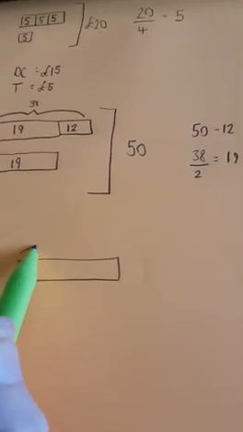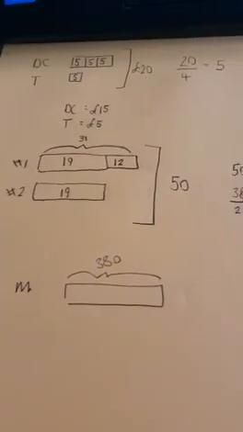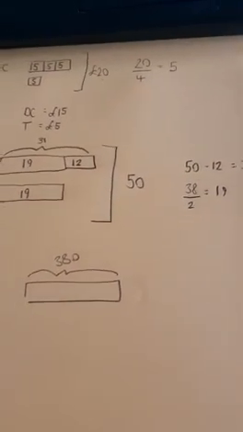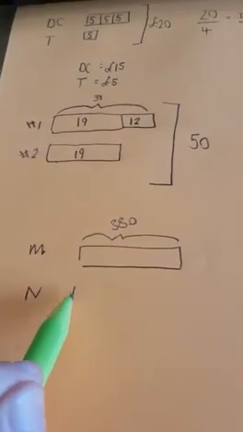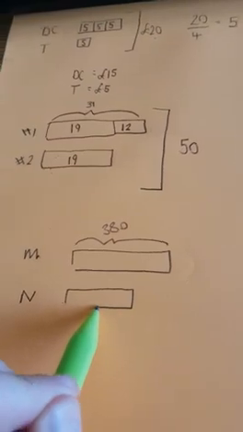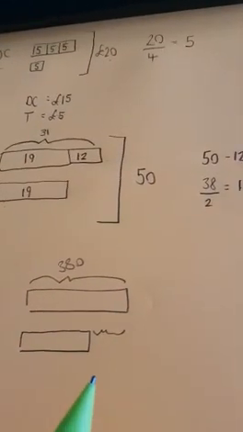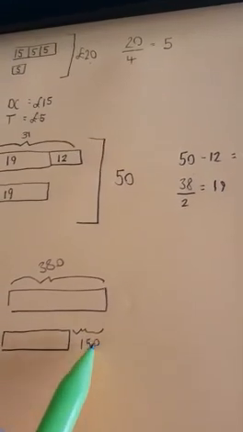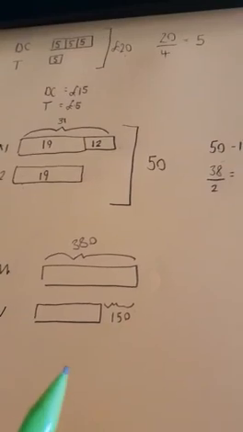She has 380 stickers, that's the whole. She has 150 more stickers than Nathan. So here's Nathan. We'll draw Nathan's bar here. And we know that there is a difference of 150. She has 150 more than Nathan.